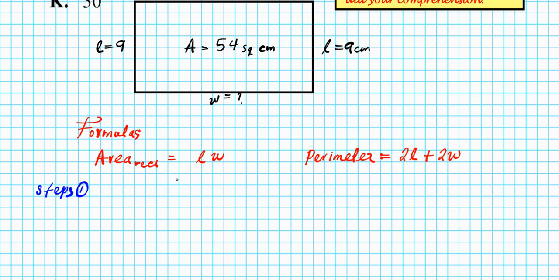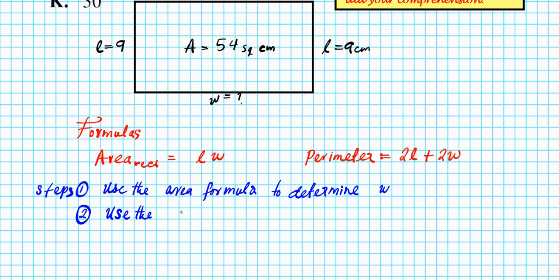So step number one is we're going to use the area formula to determine the width, W. After doing that, we're good to go. We're then going to use the perimeter formula to find the perimeter. So this is the strategy that we're going to be using.